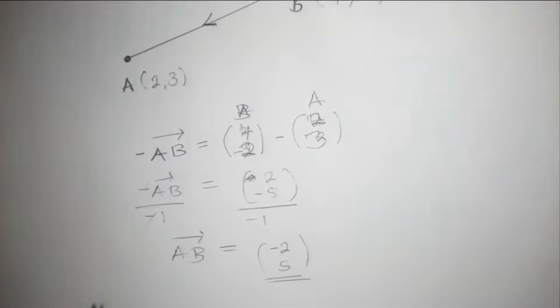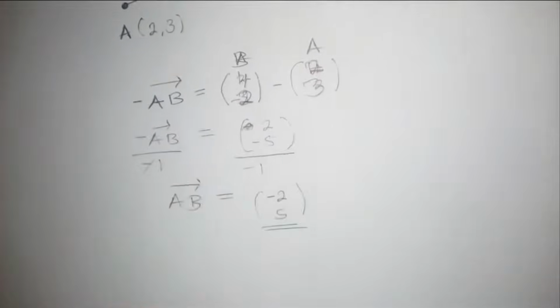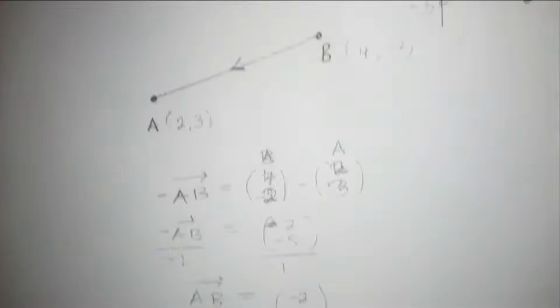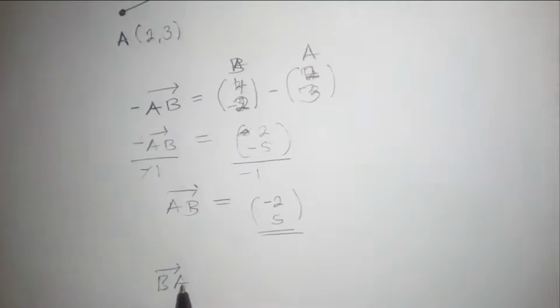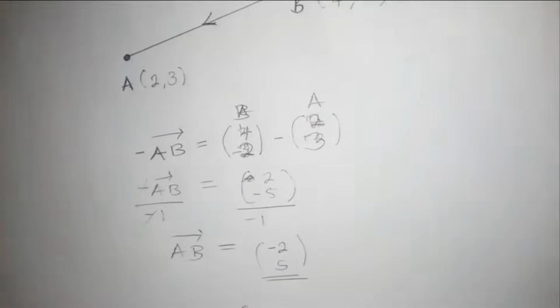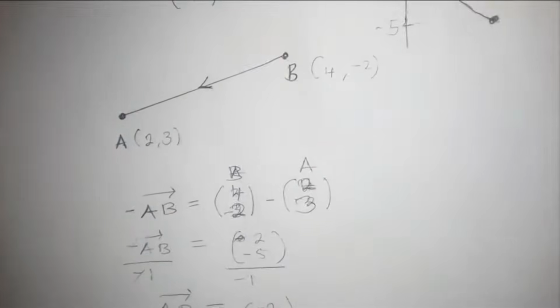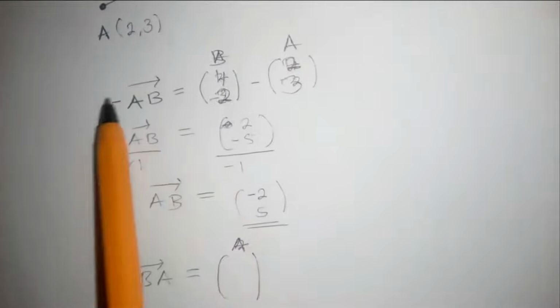So if you don't want to introduce the negative sign, you can start with the letter which starts first. In this case, we're starting with B to A. So B to A, meaning here you're going to put the one which is finishing, which is A. You're going to put the coordinates for A. Do we have the coordinates for A?